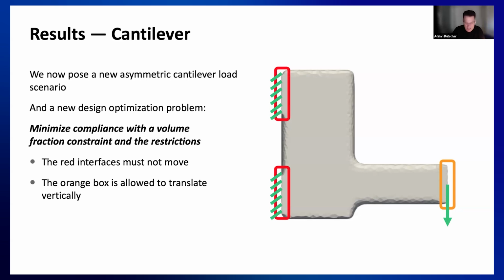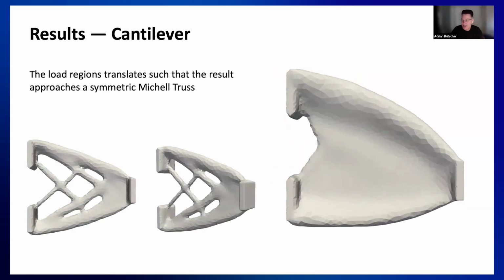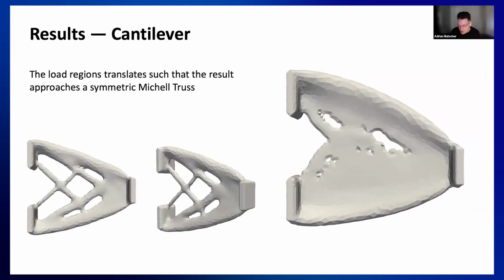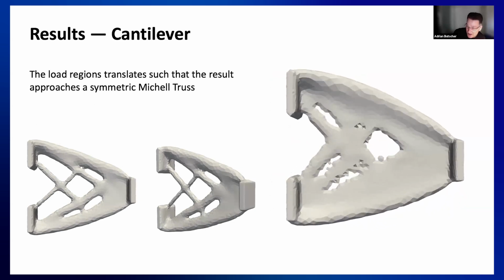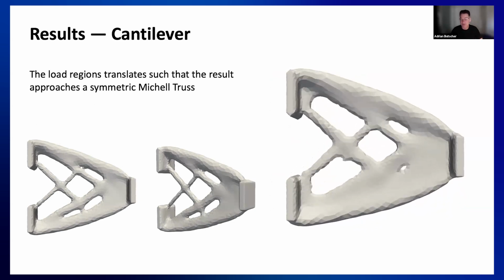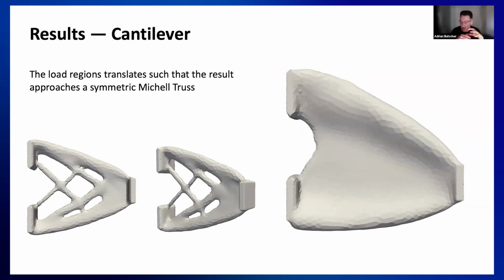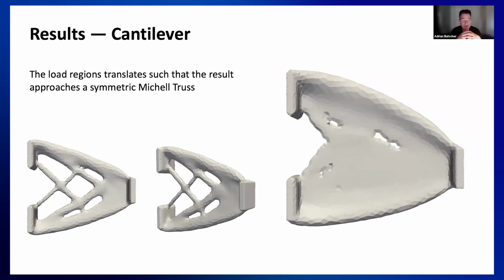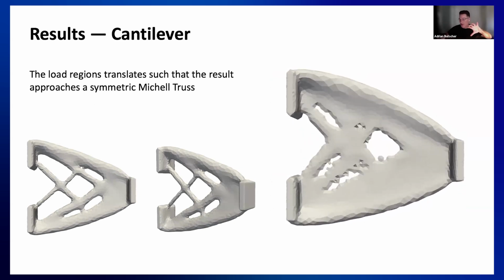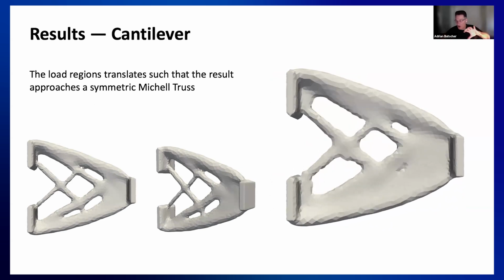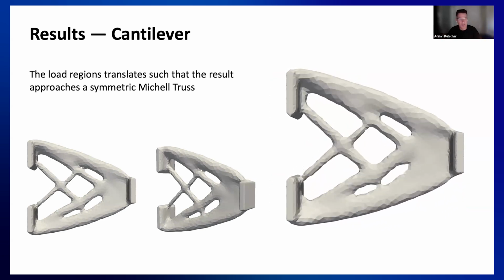So we kind of expect this thing to symmetrize itself, and sure enough, we obtain that kind of result. We obtain something which, given our volume constraint, has this sense that it's approaching the Michell truss. So the location in which the load is imposed is translating upwards.